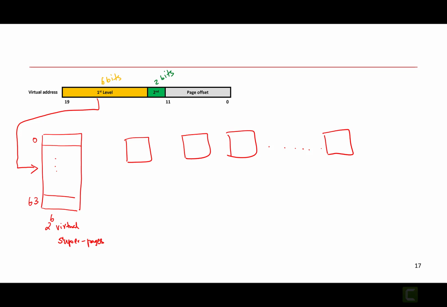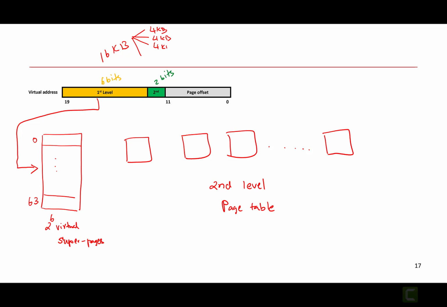And how many entries should these second level page tables contain? Well, we said each super page is of size 16 kilobytes, and each super page is composed of 4 smaller pages, each of size 4 kilobytes.